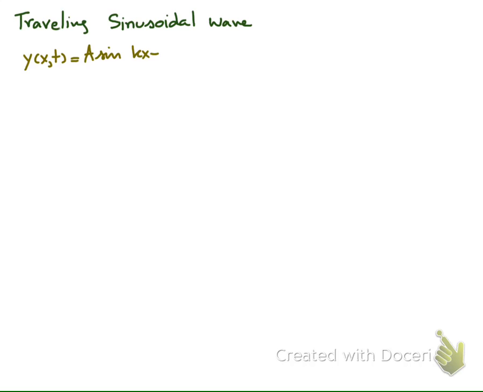To summarize what we have discussed, for the traveling sinusoidal wave, the functional form of the traveling sinusoidal wave can be written as A sine (kx minus omega t).